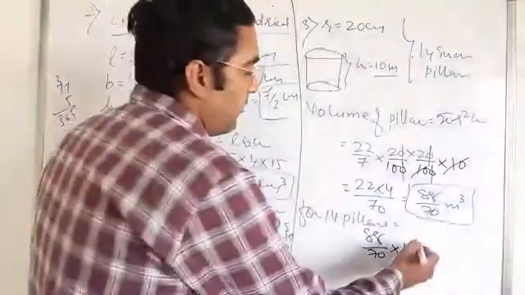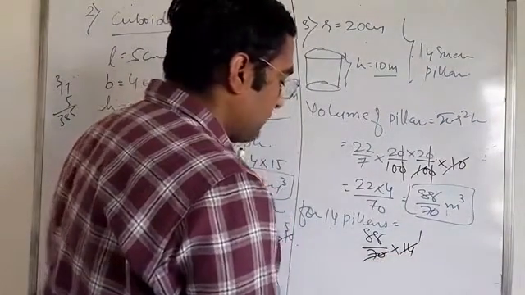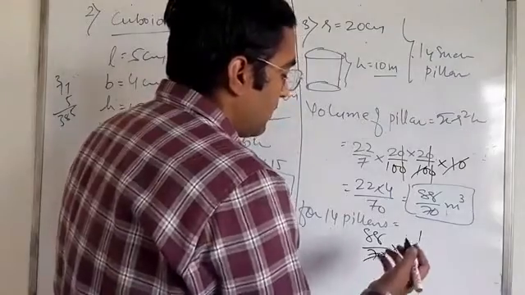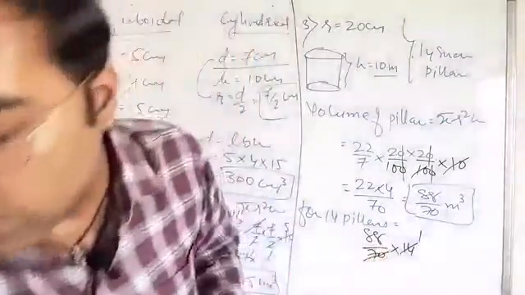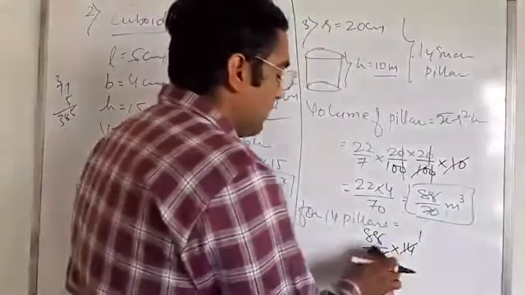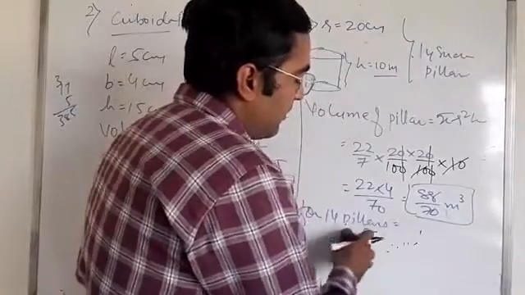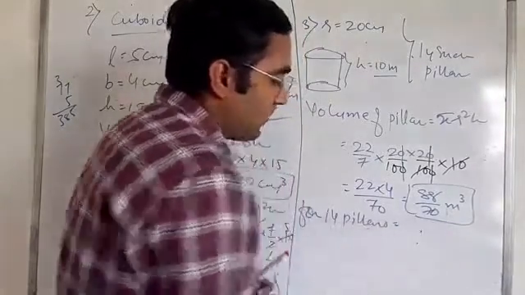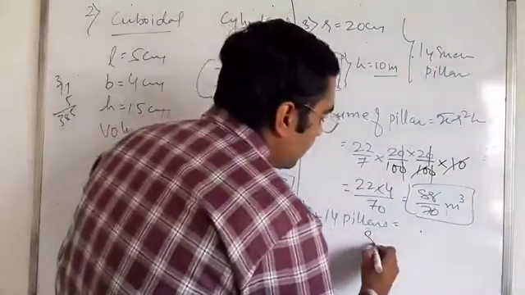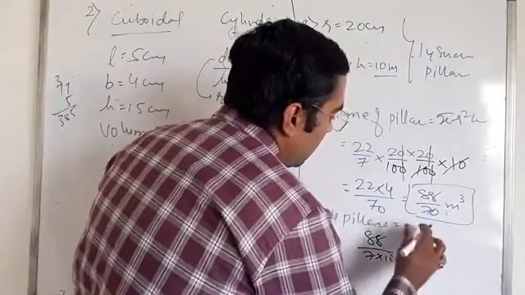Here's my mistake. I have to take 70 as 7 into 10 to calculate more easily. So 88/7 into 10 into 14.